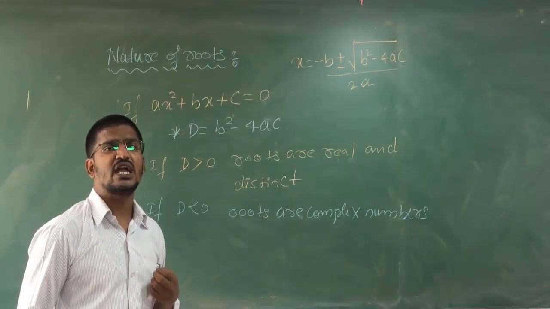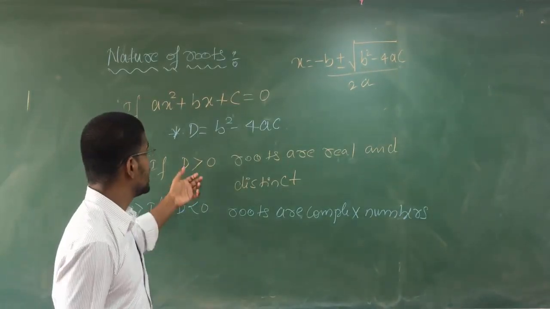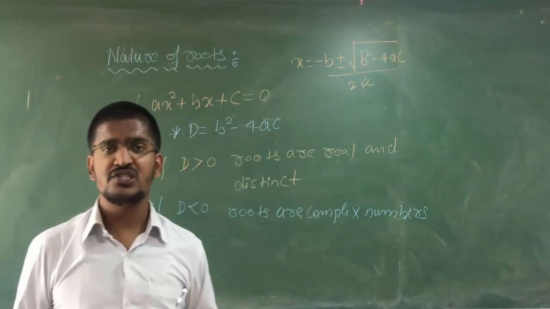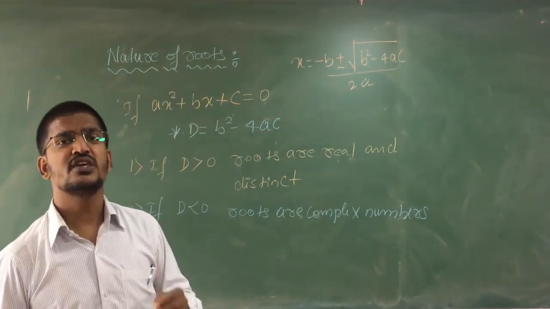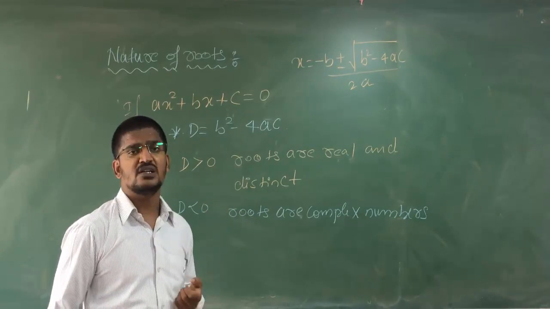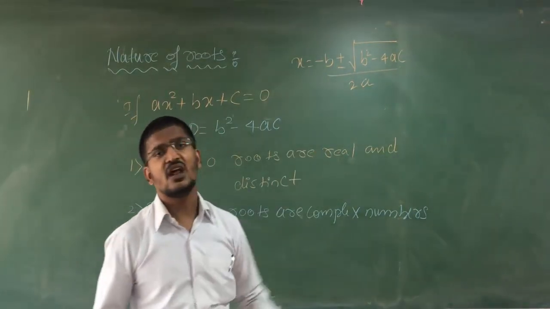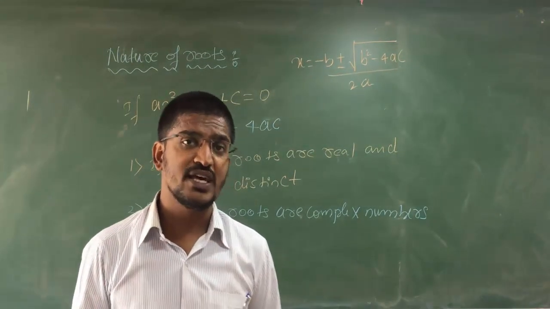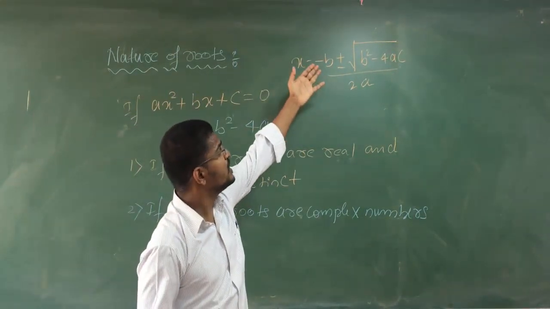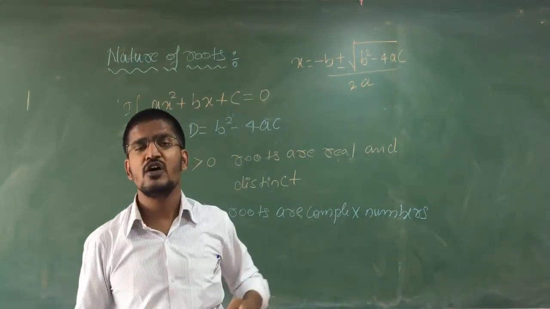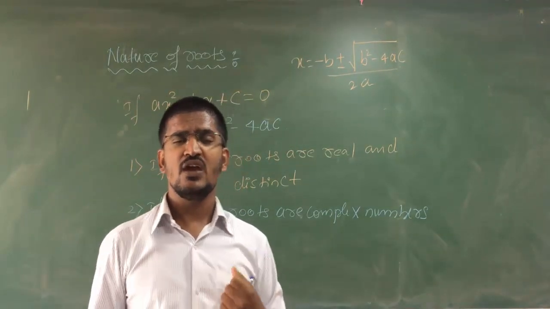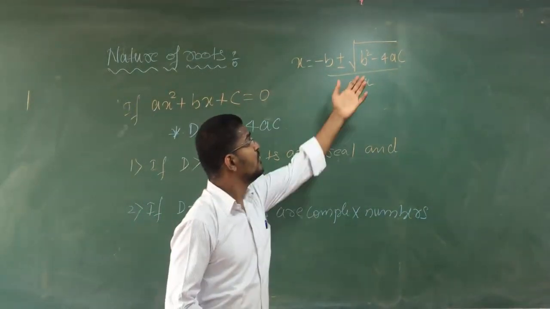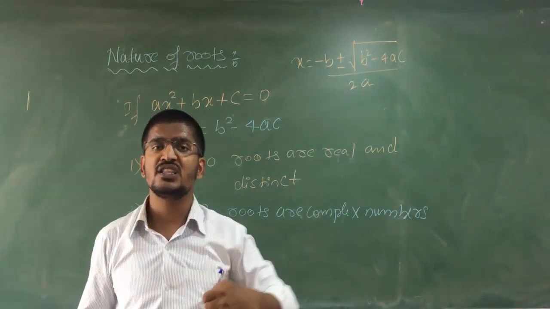I think you are getting what I am saying. If d is greater than 0, real roots and they are distinct. If d is less than 0, the roots are going to be complex numbers, because from Sridharacharya formula we know that minus b plus or minus square root of b square minus 4ac divided by 2a, we are going to have the negative number under the root.